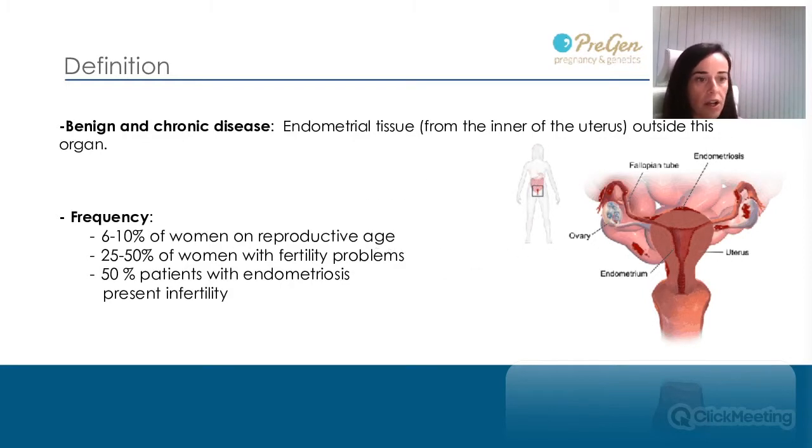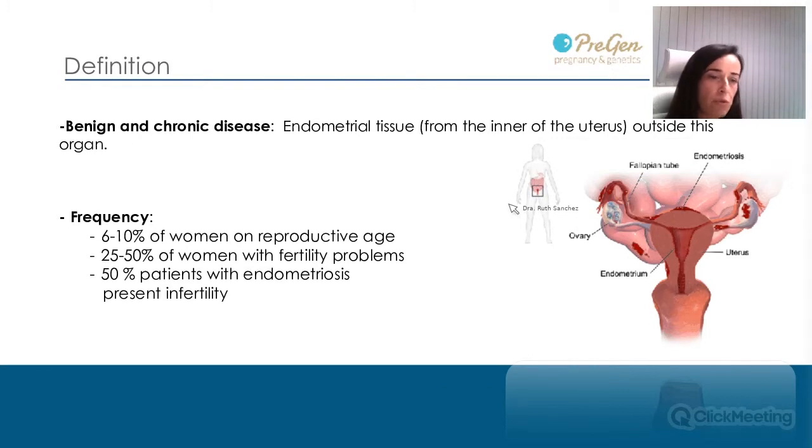Endometriosis is a benign and chronic disease that affects the woman. That means that the endometrial tissue from the inner of the uterus is outside this organ. The frequency of this disease in women of reproductive age is between 6 and 10%.